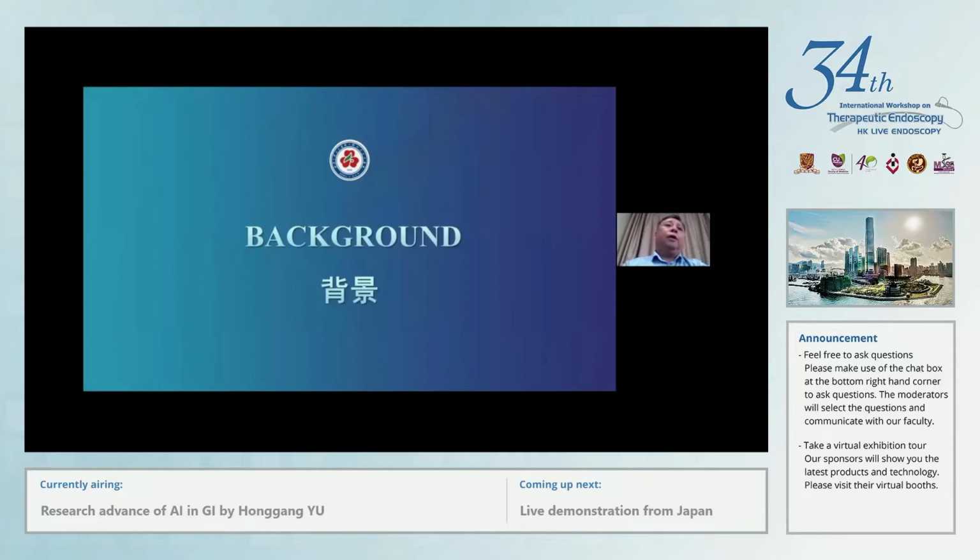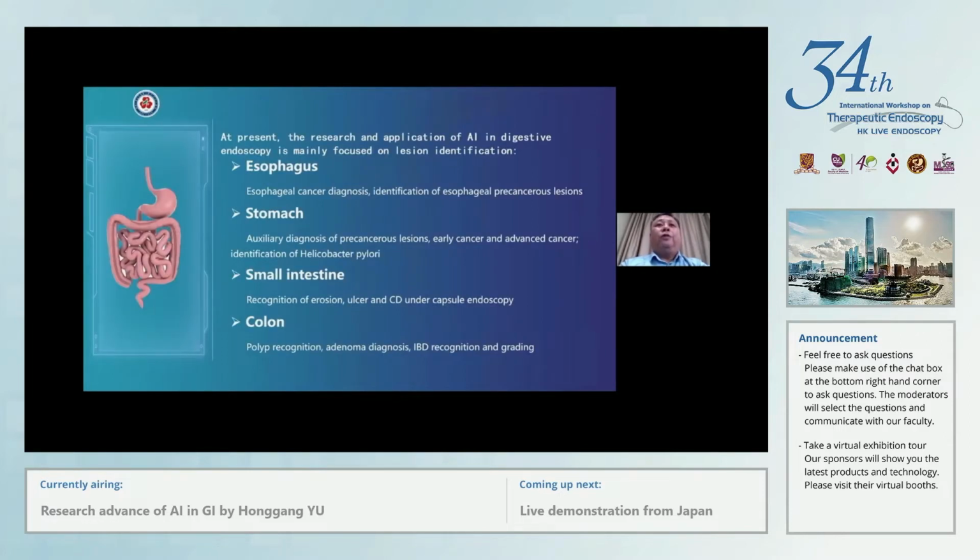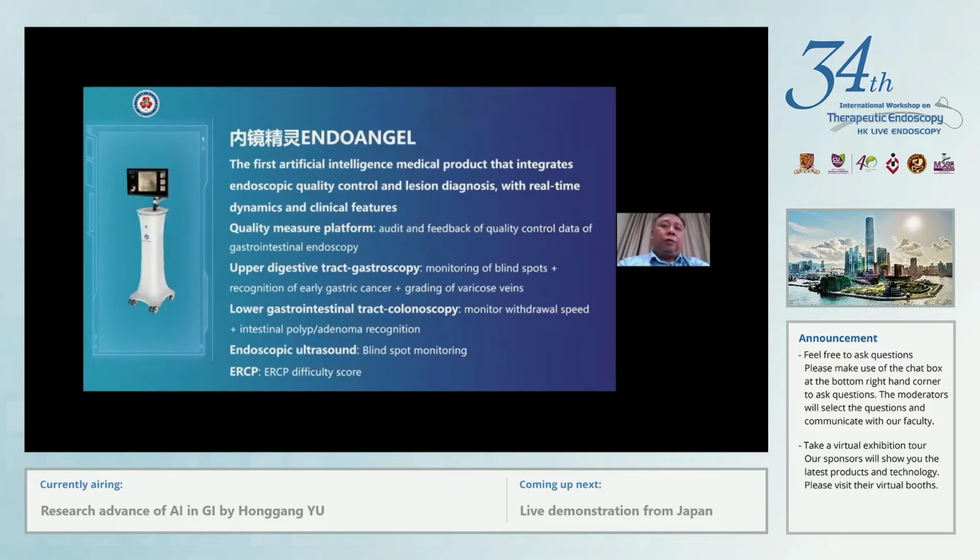As we know, artificial intelligence has already developed very fast. It covers almost every field of endoscopy. Here, I would like to introduce our product, ENDOANGEL, and some new progress in artificial intelligence in gastrointestinal endoscopy.